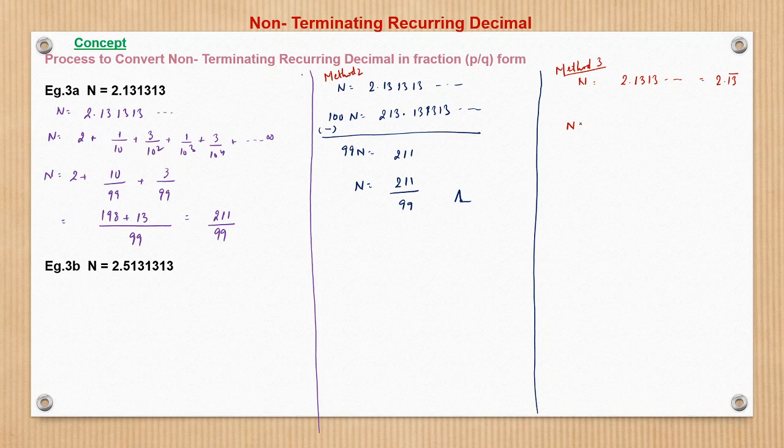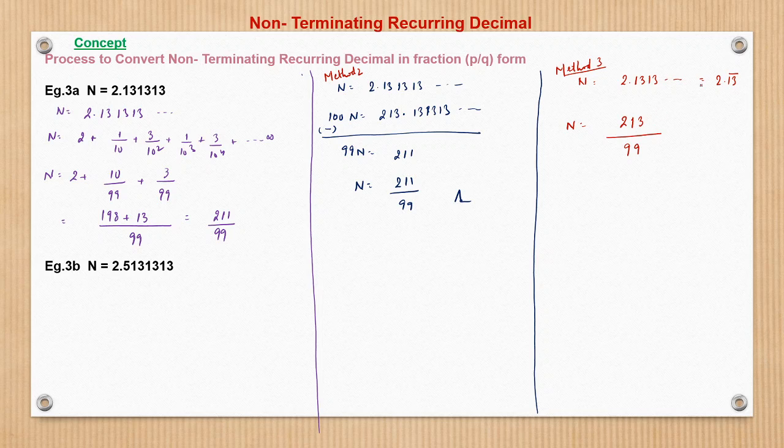So the formula says the numerator will be all the numbers without decimal, so 2.13 bar we can write as 213. And the denominator will be the number of nines, same as the number of digits under the bar. We have two digits under the bar, 1 3, so it becomes 99.